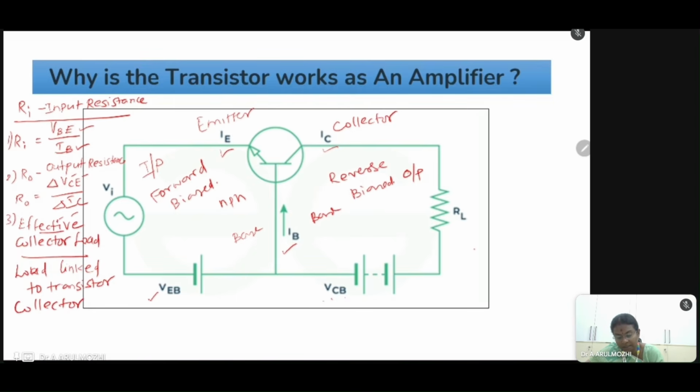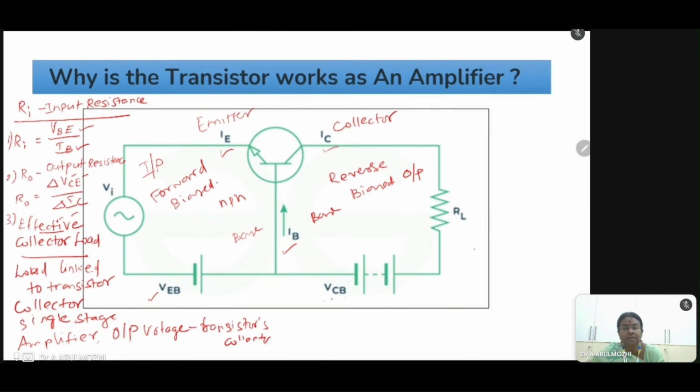If you take a single stage amplifier, if the transistor is acting as a single stage amplifier, the output voltage can be obtained from the transistor's collector.